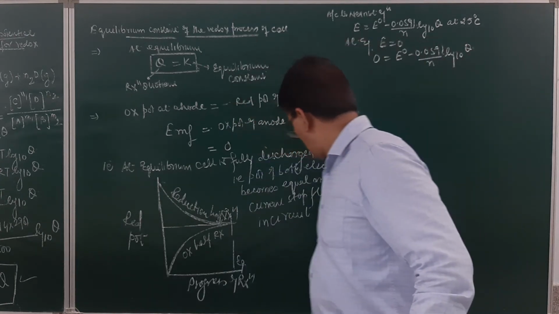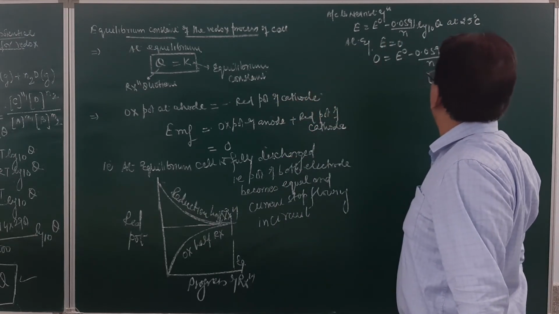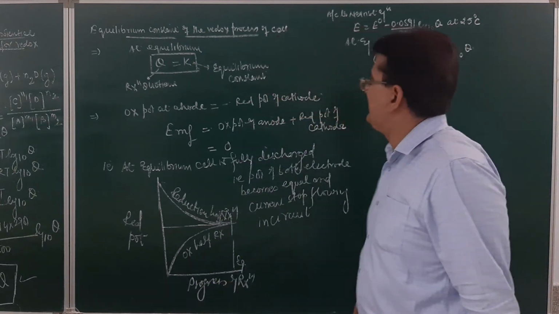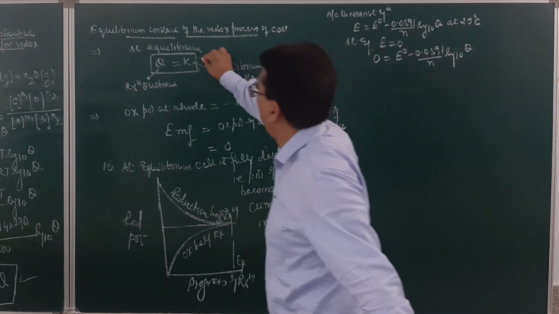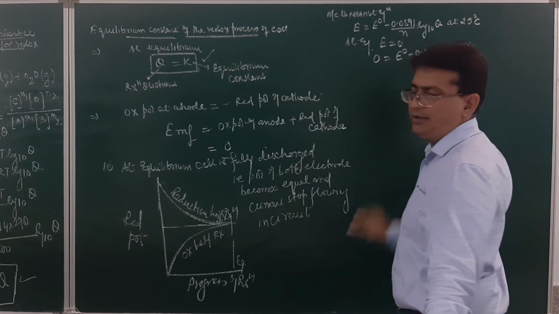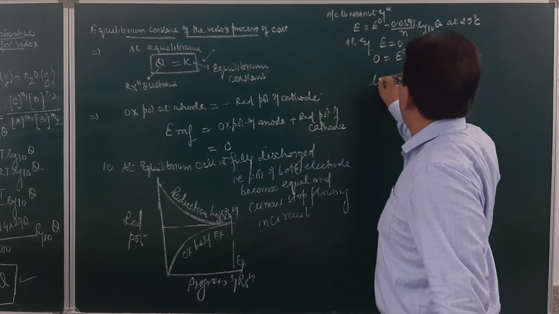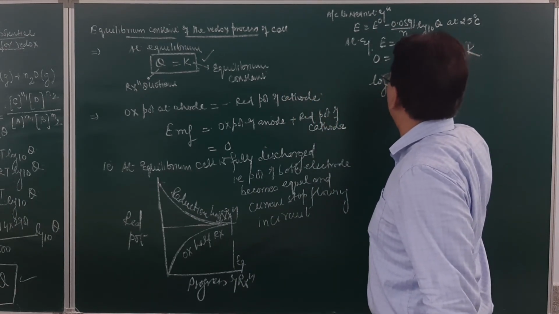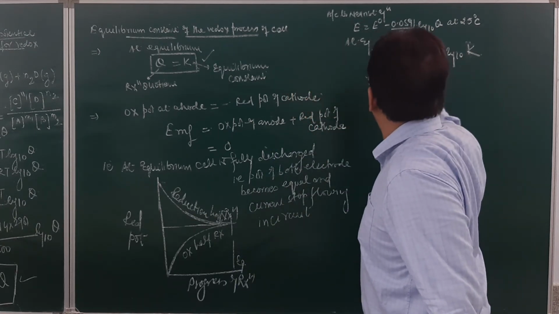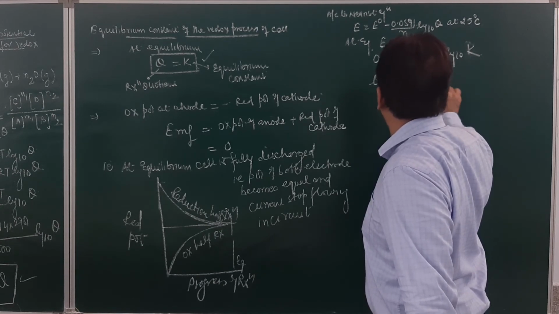If we solve this, what do we get? Instead of Q, we may write K because Q will be equal to K. I think I shall be very clear. If we solve this sum, log base 10 K will be equal to n into E naught upon 0.059.